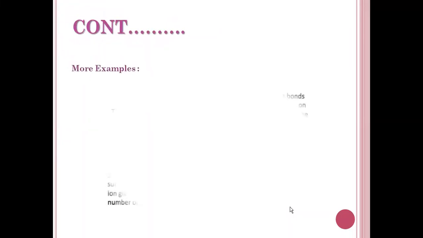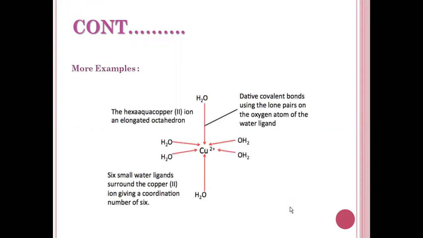We'll move on to the next example, the hexaaqua copper 2 ion. The word itself explains it.